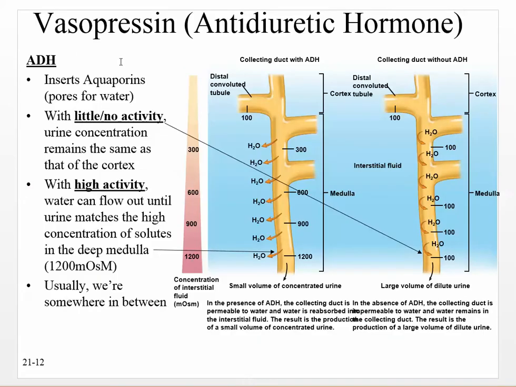Okay, vasopressin. I kind of mentioned vasopressin, and that's the one that inserts the water pores. So if we remember the vasopressin, the release of vasopressin from the posterior pituitary. Remember, only two hormones are released from the posterior pituitary: vasopressin and oxytocin. So when vasopressin is released, it inserts these water pores and allows water to move out.